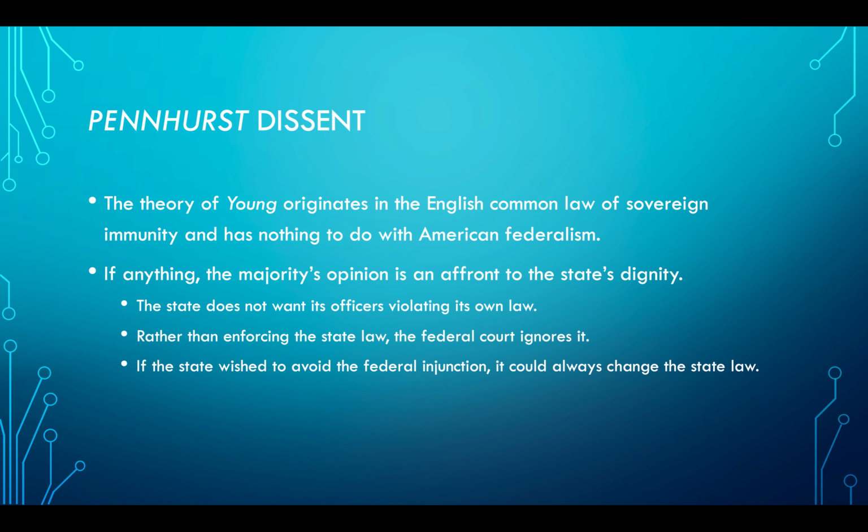So Justice Stevens has a very different view then of two important aspects of the majority opinion: the purposes and the origins of the Young exception to sovereign immunity, and then practically speaking, how the ability to issue an injunction in a case like this cuts in favor or against state dignity, states' rights.